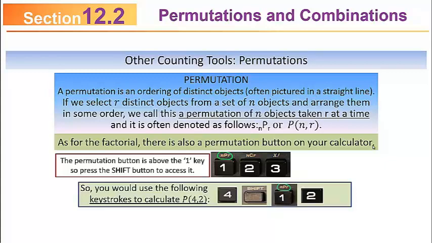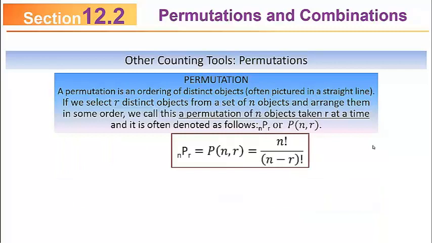Then you put in the 2, which is the R, and in order to get that to calculate, you have to press equal. For the factorial, you didn't have to press equal. You just have one number and you hit the factorial shift combination. But when you're plugging in 2 numbers, you have to press equal after the second number to get the calculation to take place. And in this case, you would end up with 12, which again is the same answer we got earlier. So a very important formula. This is the formula for the permutation of N things taken R at a time.